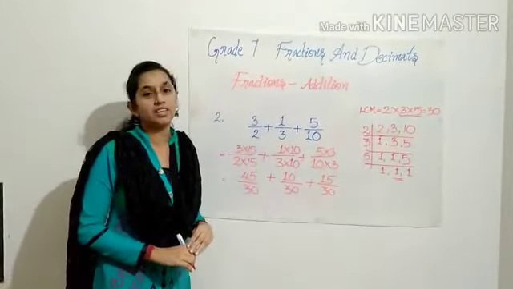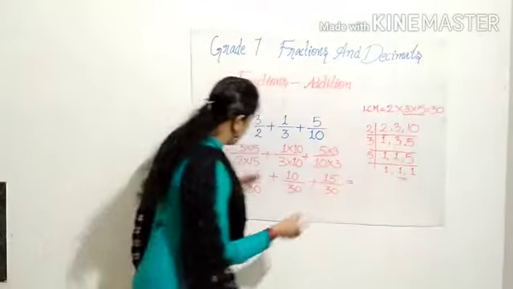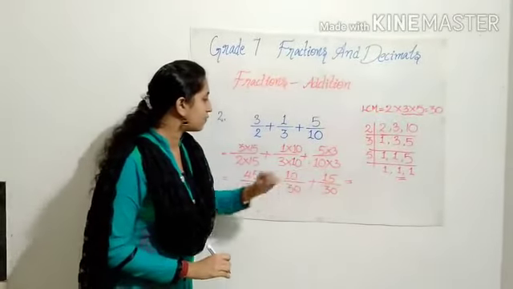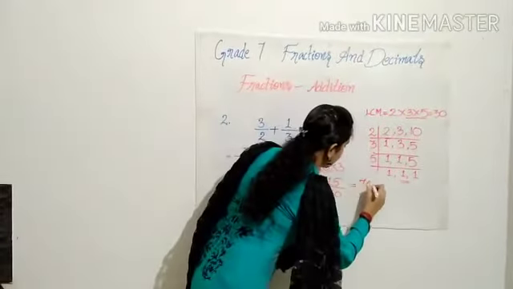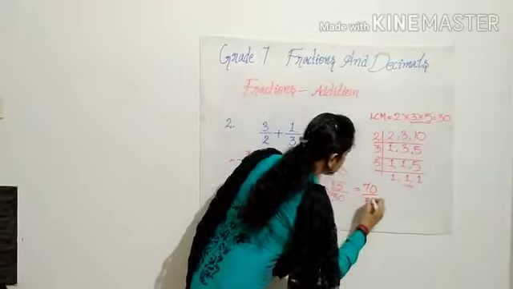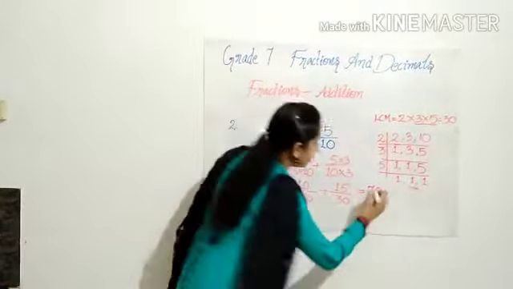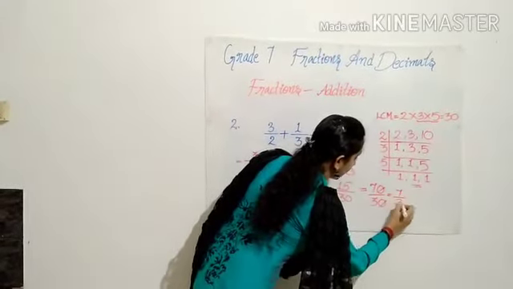Now we can add the numerators. What do we get, children? 45 plus 10, it is 55, and 55 plus 15, it is 70. So 70 by 30 is the answer, and we can reduce these fractions. This 0 and 0 gets cancelled, so the answer is 7 by 3.